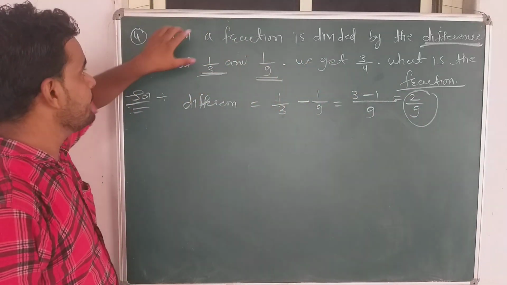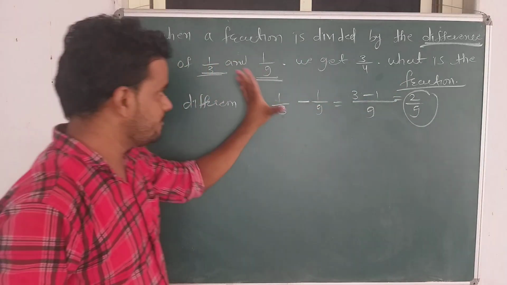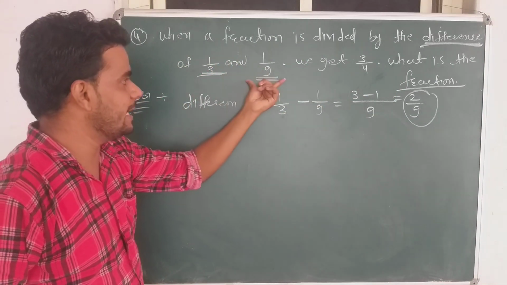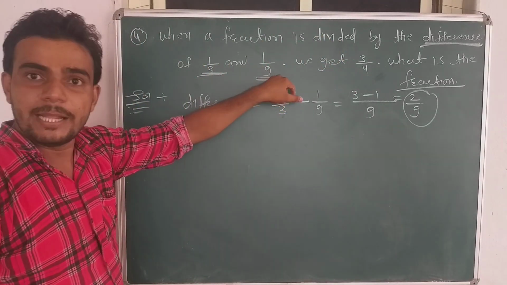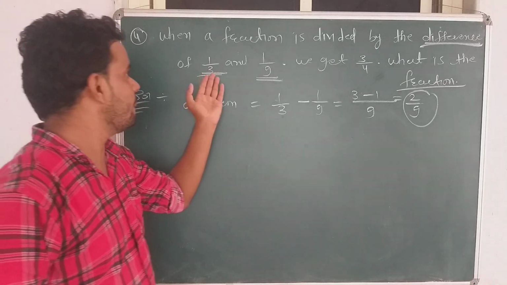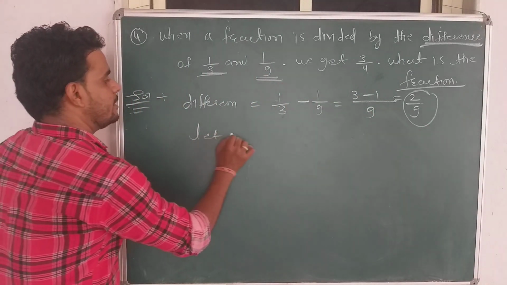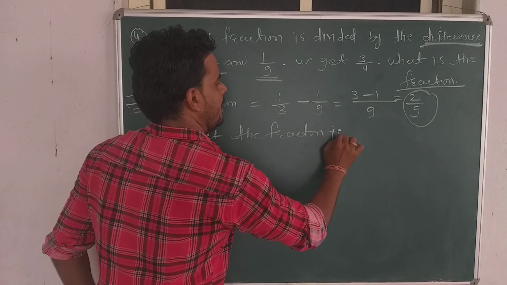Now the question is saying that a fraction is divided by the difference of 1 by 3 and 1 by 9, and we already found that difference is 2 by 9. So let the fraction be x.